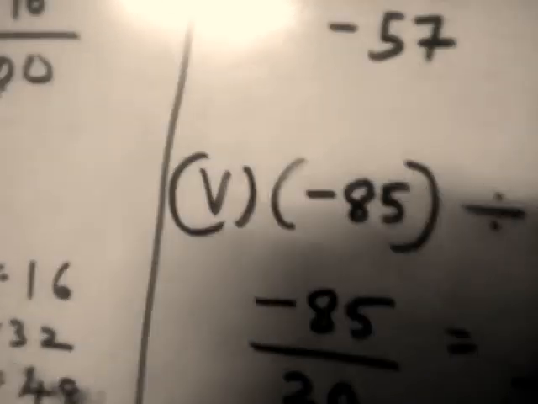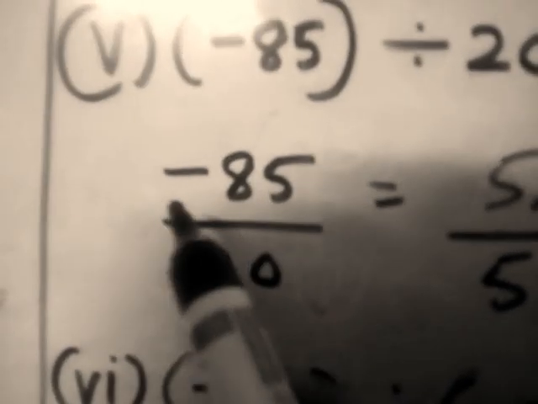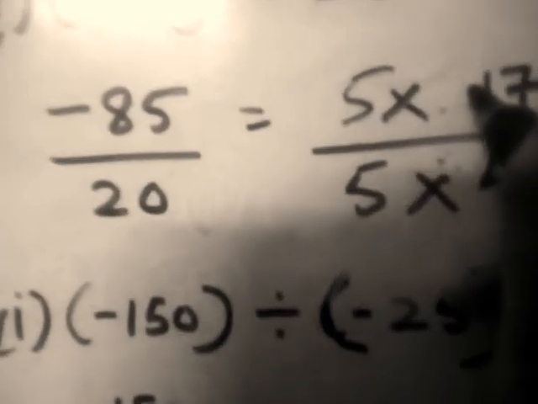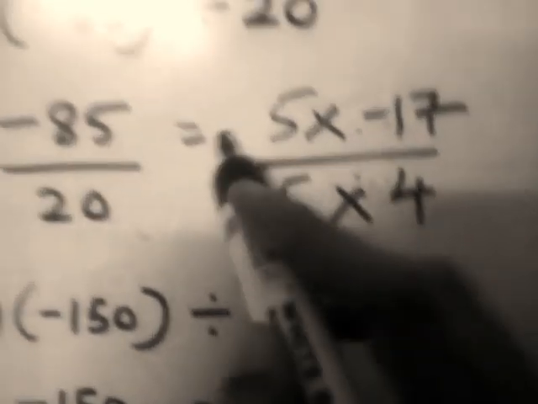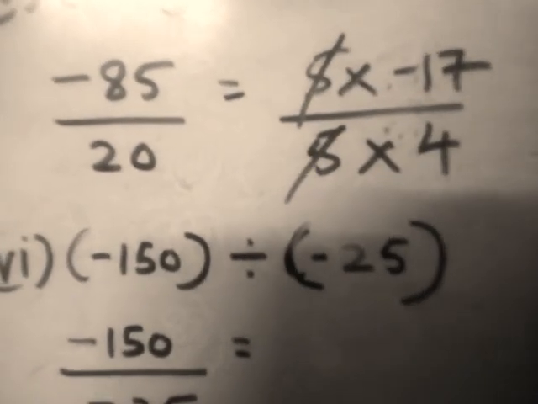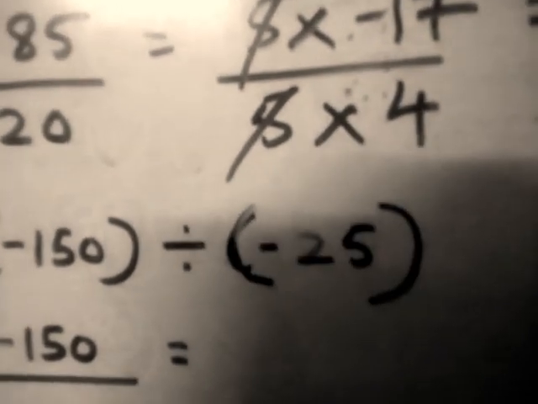It is going 5 multiplied by 17, but the numerator has the negative sign. So you have to put one negative sign. Plus into minus becomes minus. So 5 gets cancelled. So your answer is minus 17 upon 4.